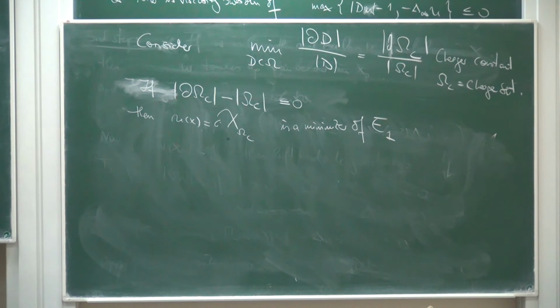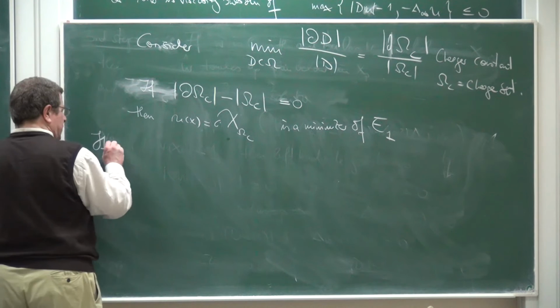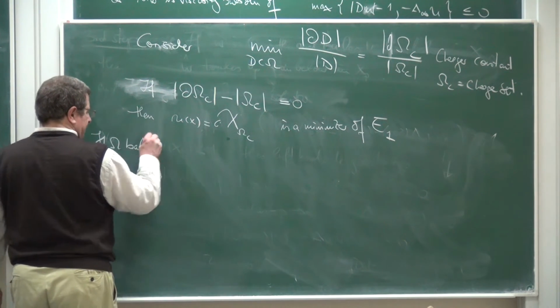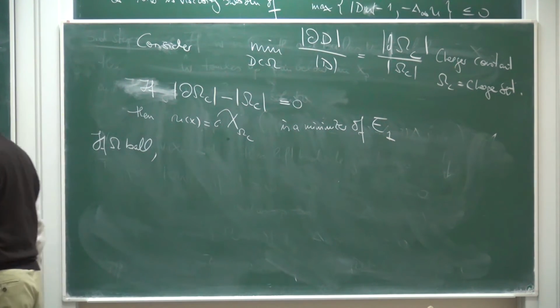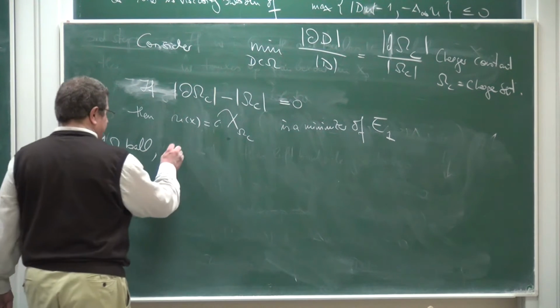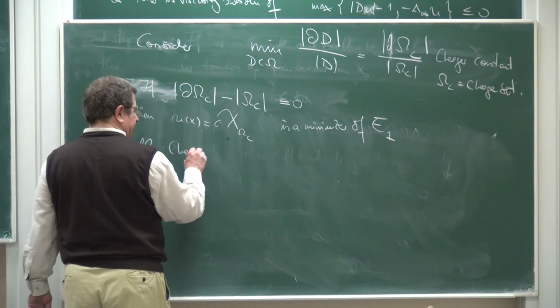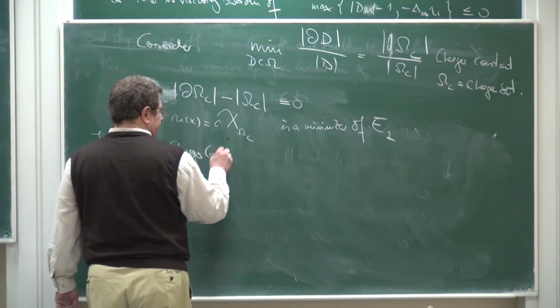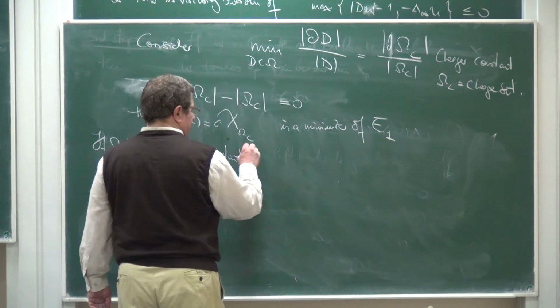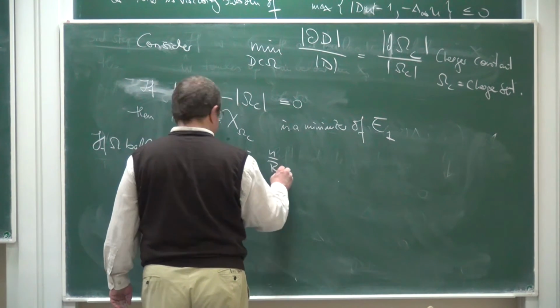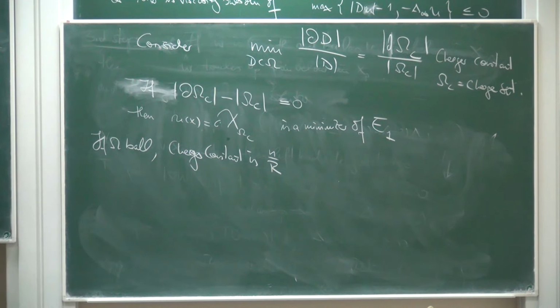And actually, if omega is a ball, then the Giga constant is n over r. 2 over rho we had here in 2 dimensions.